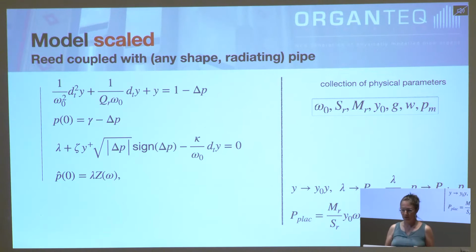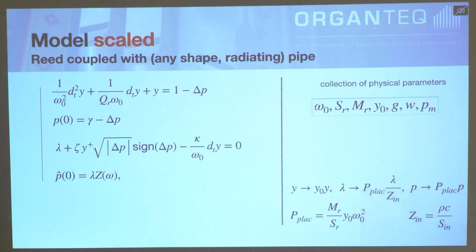So if you scale the equation, you end up with these new, simpler equations, where you changed not only the parameters, but the unknowns have also been scaled. And you end up with a collection of metaparameters, which are gamma, the dimensionless mouth pressure, zeta, which is called in the literature the dimensionless aperture of the reed, and we introduce a new parameter, kappa.